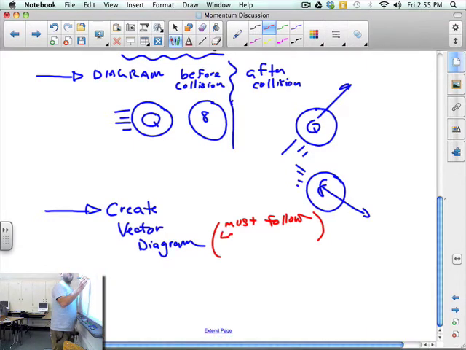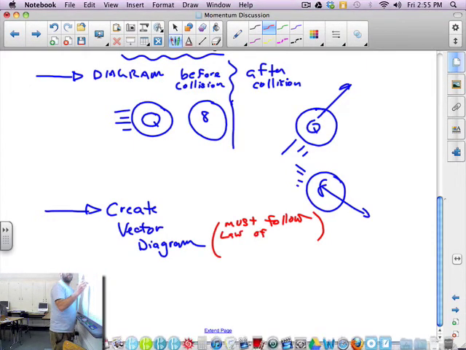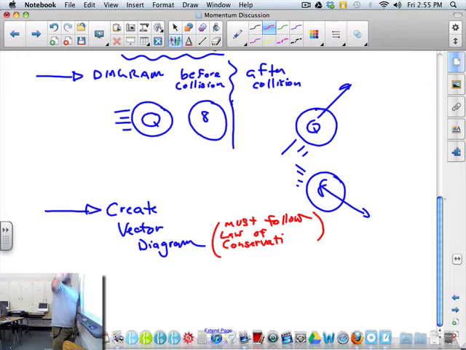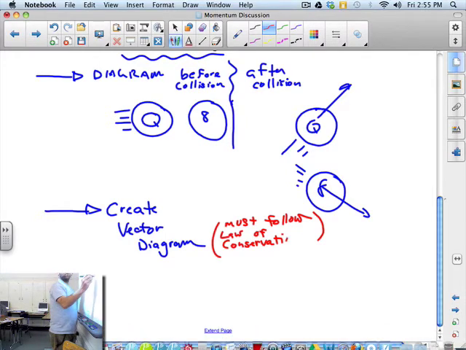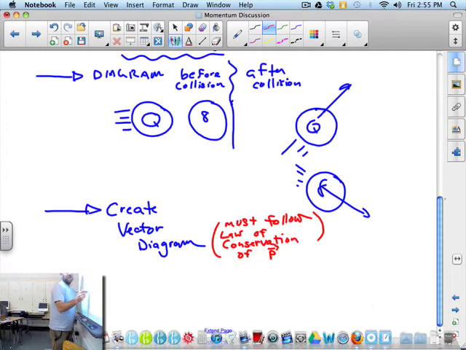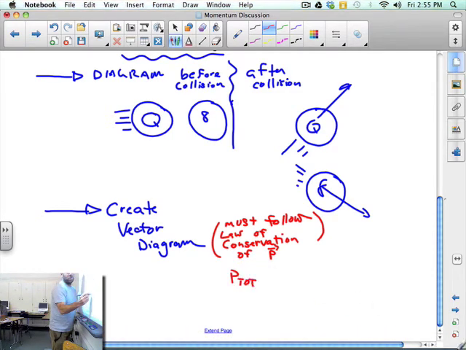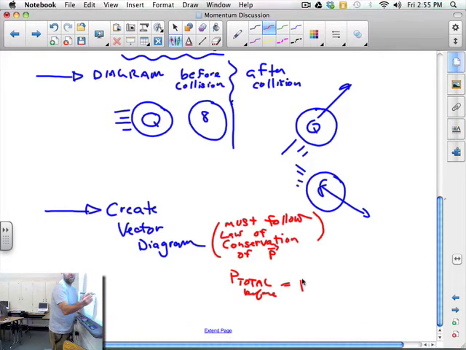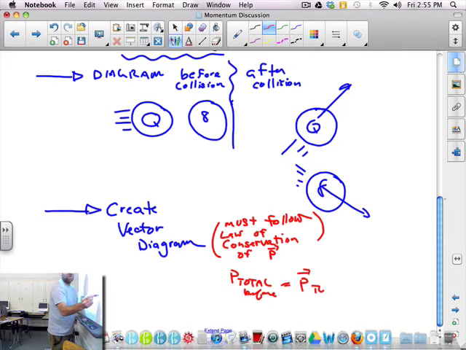So I'm going to call it the law of conservation of momentum. So vectors before collisions and vectors after. Now do you understand why we have a before and after? I mean, this is P total before equals P total after. Is everybody good?